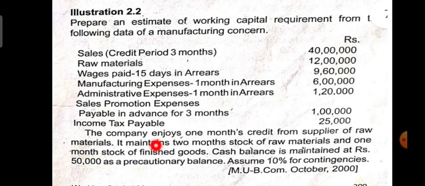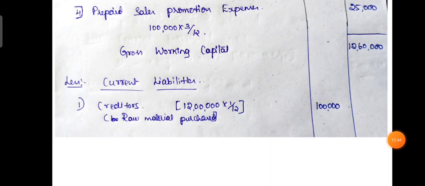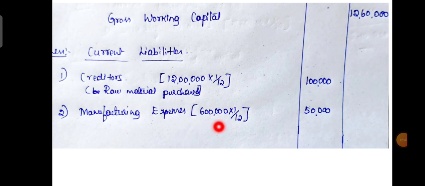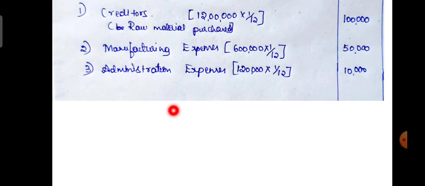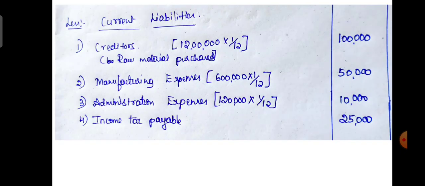So creditors allows a credit period of 1 month, so 12 lakh into 1 by 12, that is 1 lakh. Next, manufacturing expenses outstanding for 1 month, 6 lakh into 1 by 12, it is 50,000. Next, administration expenses 1 lakh 20,000, and it is also outstanding for 1 month. 1 lakh 20,000 into 1 by 12, 10,000. Income tax payable, full amount we are writing 25,000.